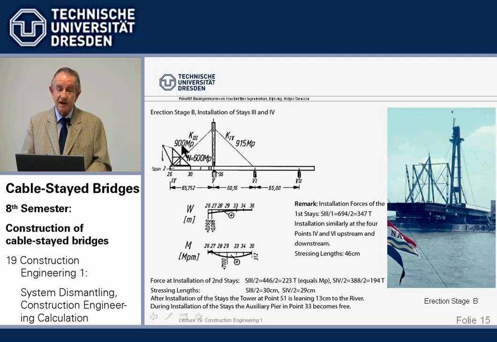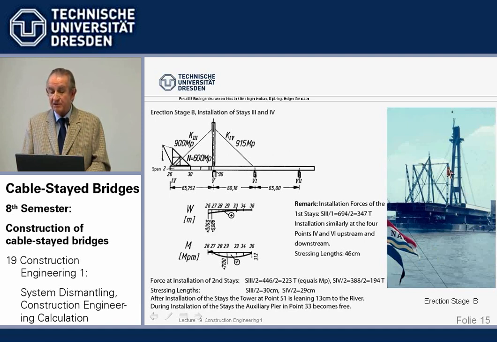If you take 100 off, it's meganewton, whatever you prefer, or times 10 it's kilonewton. So it's 900 tons or 9 meganewton is the force in this cable, and 915 tons megapond it is in this cable. We see here the picture of that construction situation.